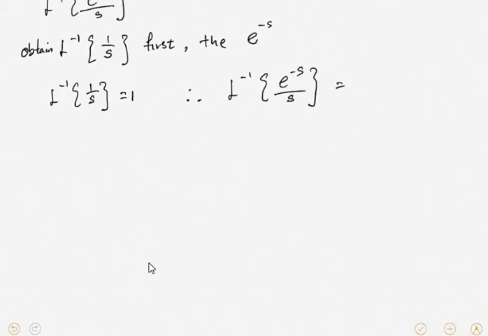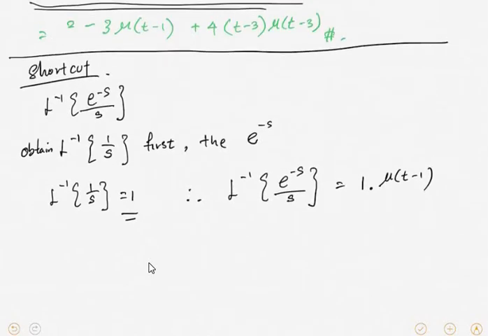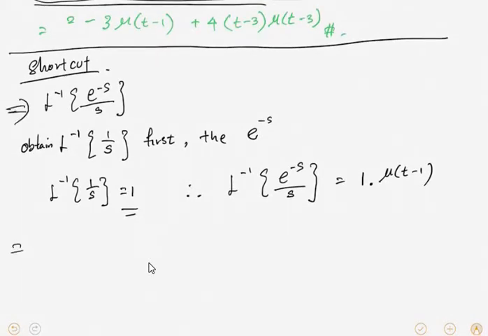The a is 1, so the shifting is 1. So you write 1, and then the shifting part, shift for 1, so u(t minus 1).